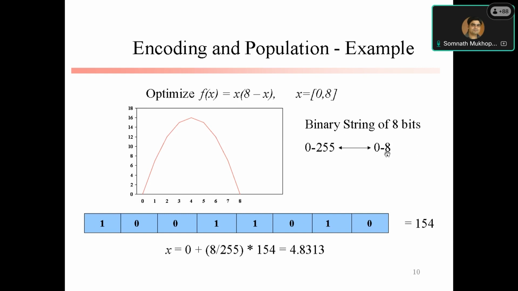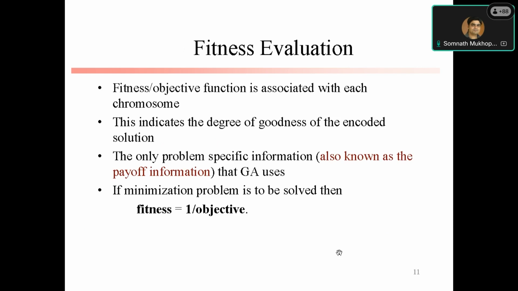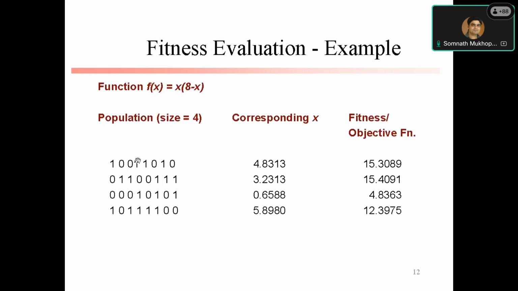If one randomly encoded chromosome looks like this, 100111010, the corresponding decimal value is 154. Now this 154 value is converted to a range of 0 to 8, which is nothing but 4.8313. So different chromosomes are encoded and kept inside this population.